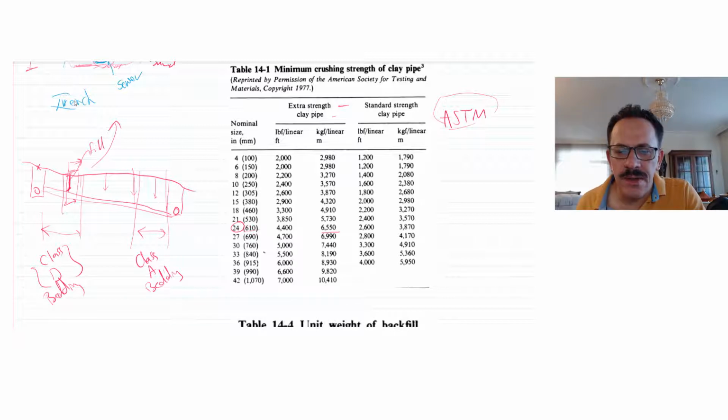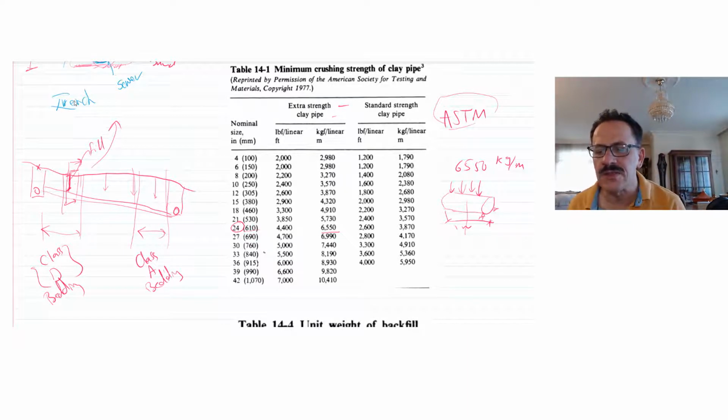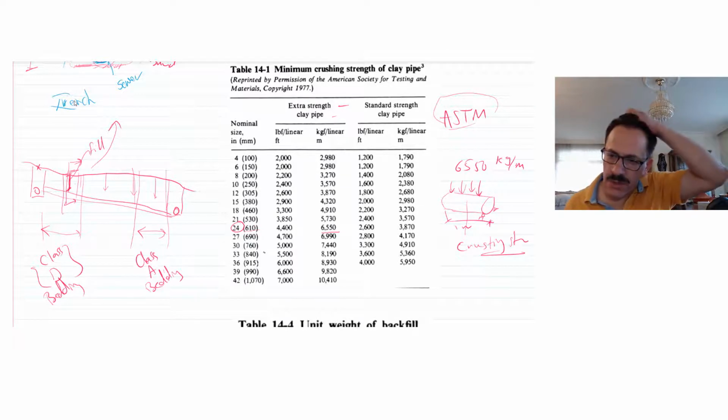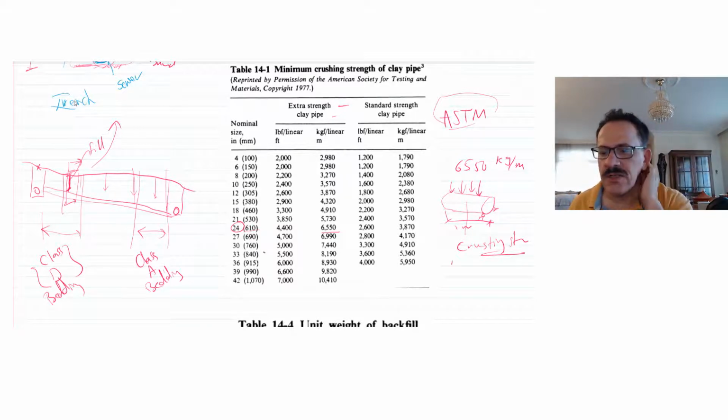It means that upon having 6,550 kilogram, when I load on this 1 meter length of this pipe, this will be the capacity, or this is the crushing strength.